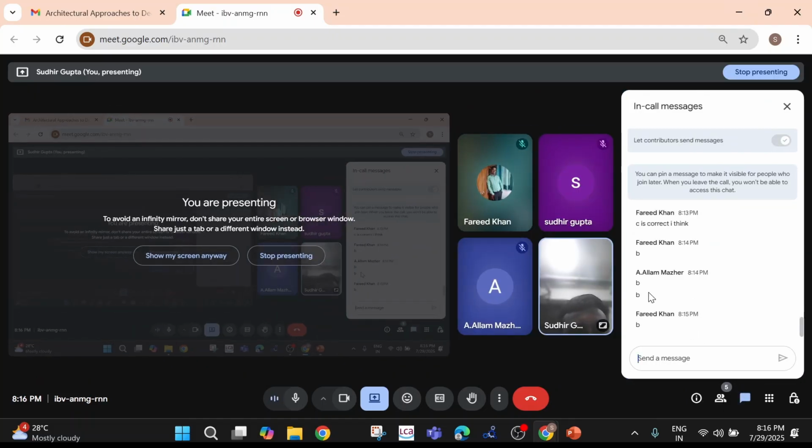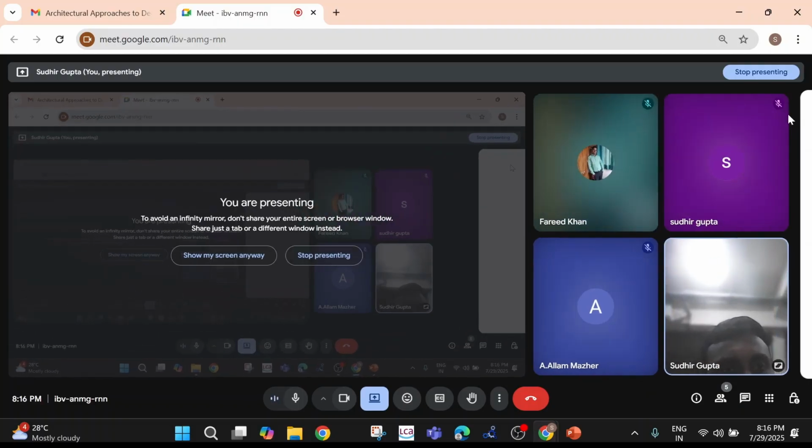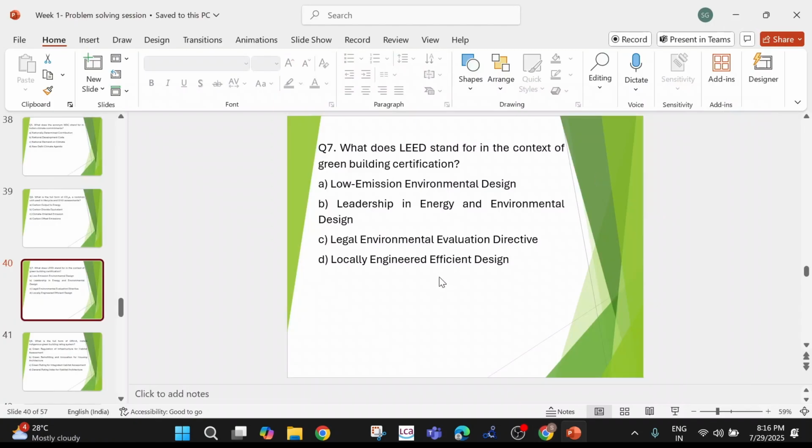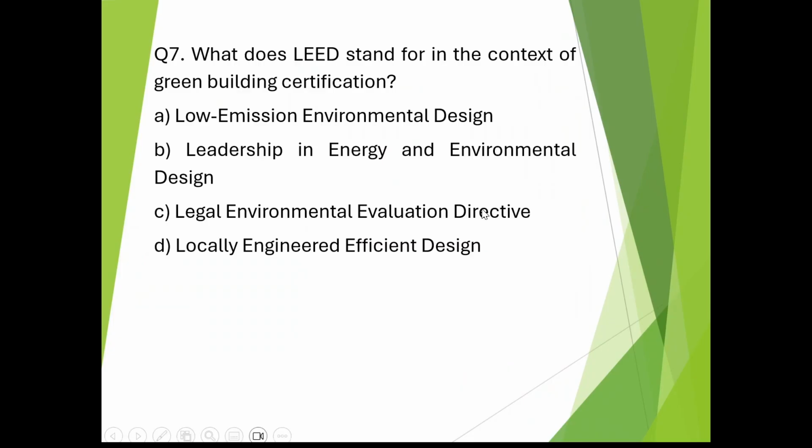As I can see, all of you are saying that B is the correct answer. That is, Leadership in Energy and Environmental Design. Fine, so all of you are correct. It is option B. LEED is an internationally recognized green building certification system developed by the US Green Building Council, also called USGBC. So let's move to the next question.